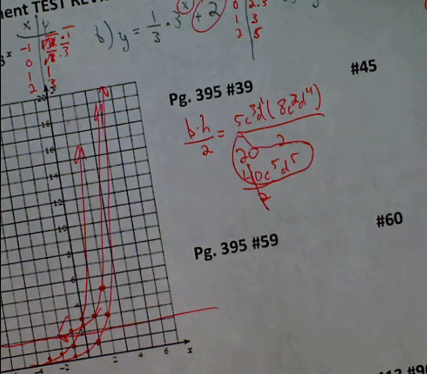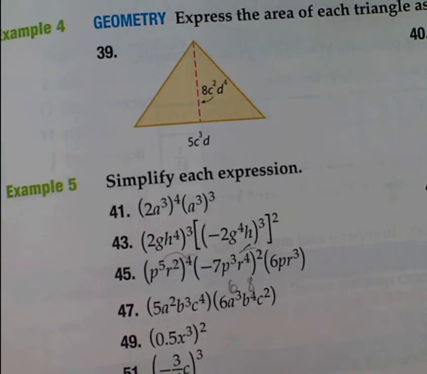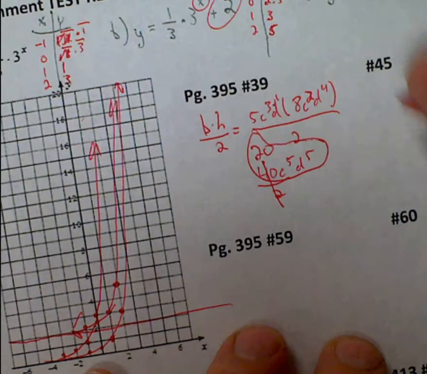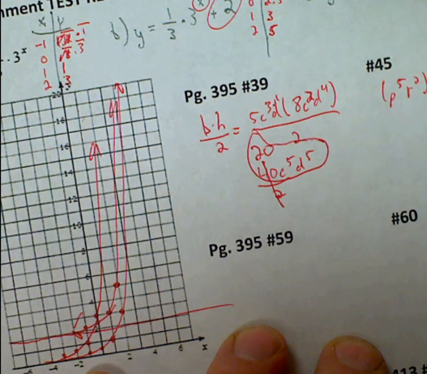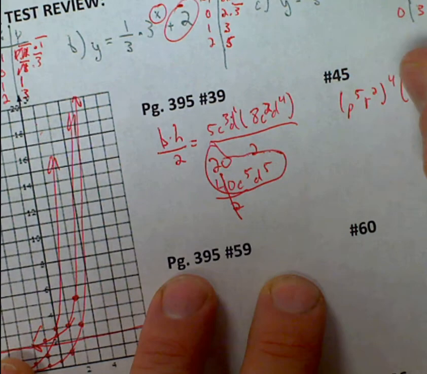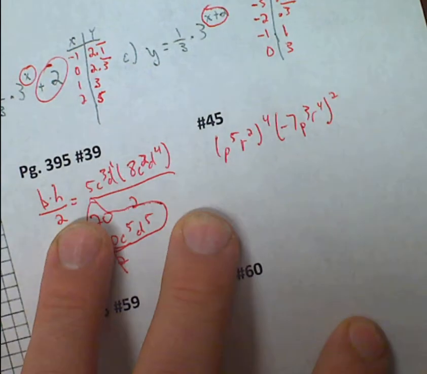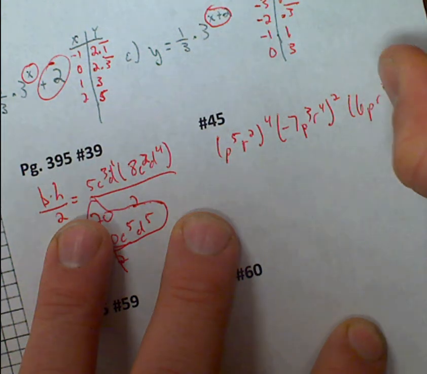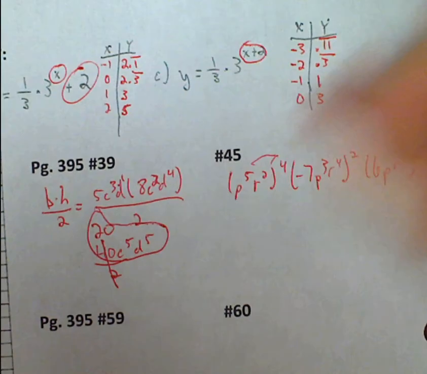Number 45, I'm given this expression. I need to simplify. So on number 45, I have p to the 5, r squared raised to the 4, negative 7, p3 r4 squared, 6p r3. If I were to simplify this, I need to distribute.